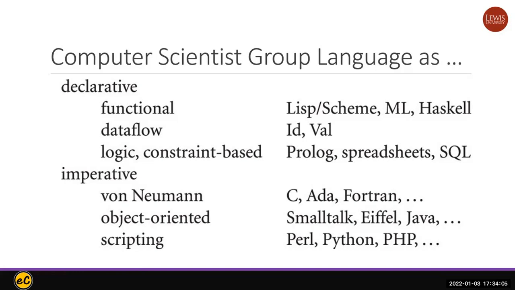Then we may also have the scripting languages. Scripting languages such as Perl, Python, and PHP. And these different scripting languages may be talking to a virtual machine, talking to an interpreter, maybe talking to a browser engine, such as JavaScript talking to the browser.